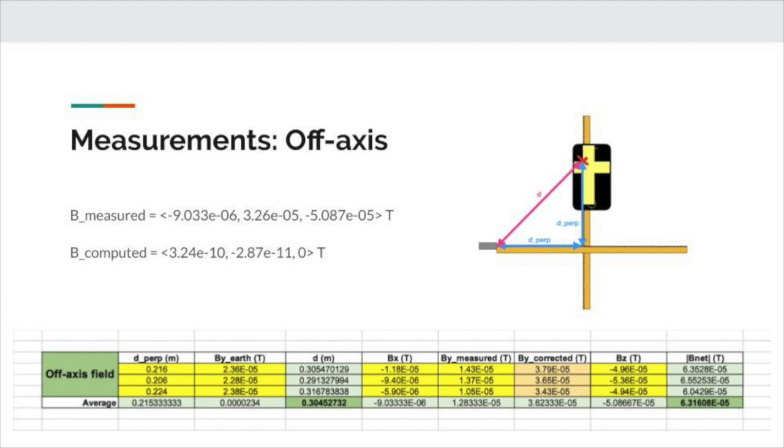Then repeating that 3 times and noting down the x, y, and z component as well as the net magnetic field. Those were averaged and then used to find the measured magnetic field at a 45-degree angle. And then that was used in comparison with the computed magnetic field as shown later.